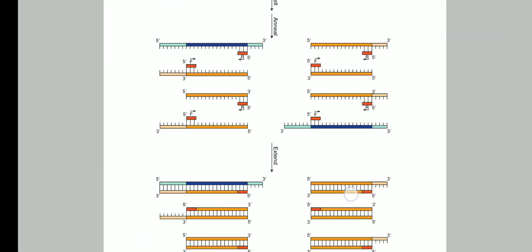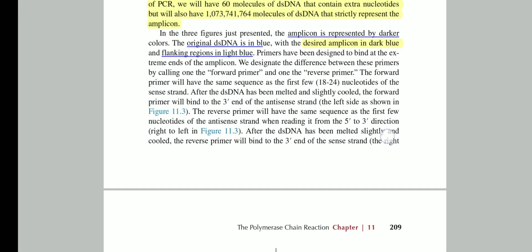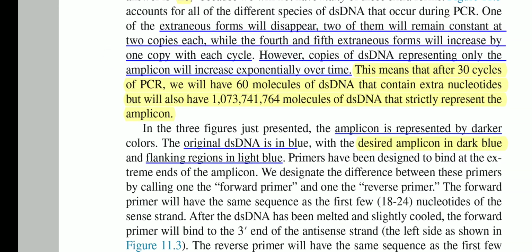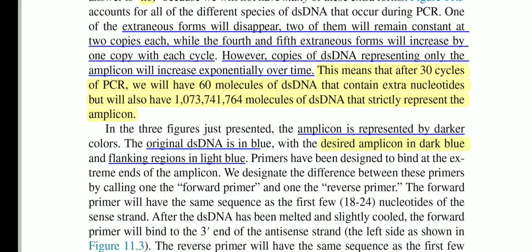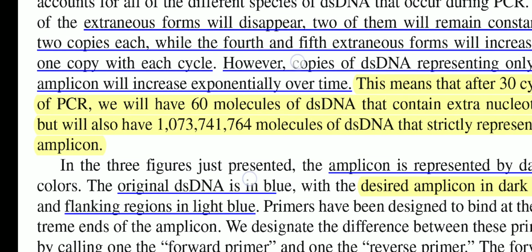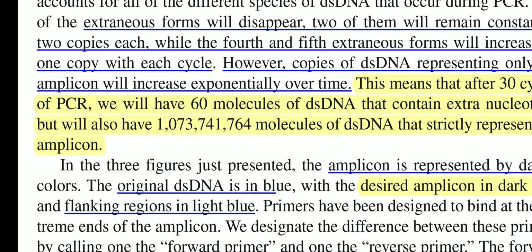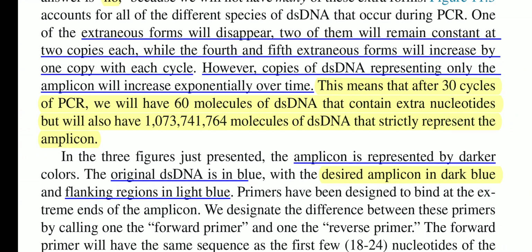Okay, so what else is written here, let me check this out. This means that with about 30 cycles of PCR we will have 60 molecules of double-stranded DNA that contain our extra nucleotide sequence, but we will have about 1,073,741,764 molecules of double-stranded DNA that strictly represent the amplicon.